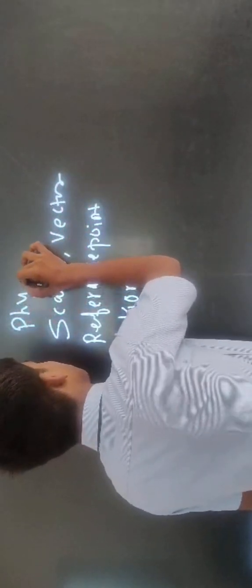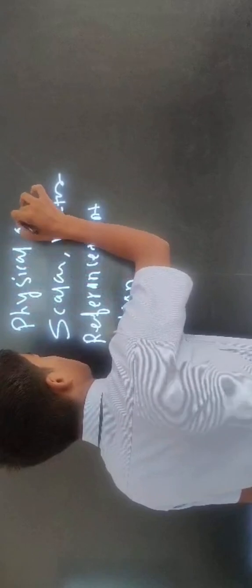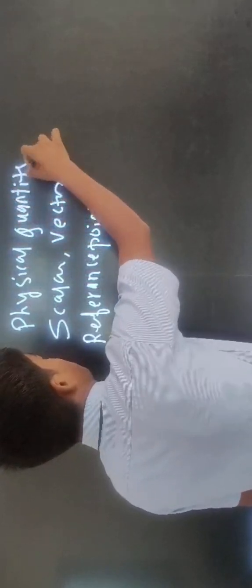Okay, next slide I have taken. Now what do we learn? Motion over, rest over, reference point over, scalar, vector, physical quantities, so these topics we covered up to date.